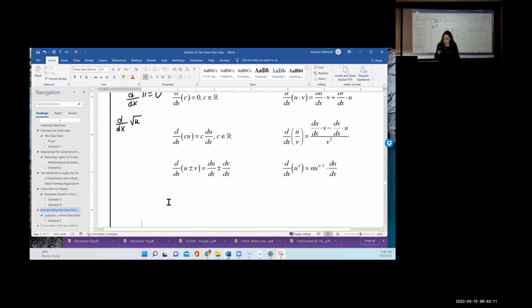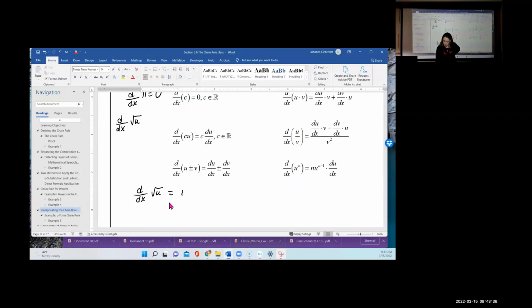So if we're thinking about the derivative of the square root of something, and again, the u could be anything. It could be the quantity 3x plus 2. It could be x squared minus 2x plus 5. It could even be sine x plus 3. It's anything. U represents any other function.